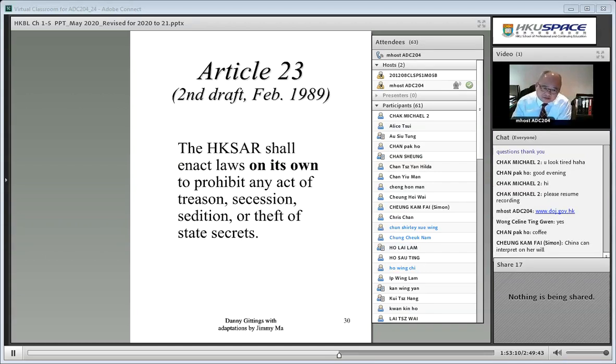In February 1989, we saw the second draft, and the important words treason, secession, and sedition were enacted, obviously deliberately.